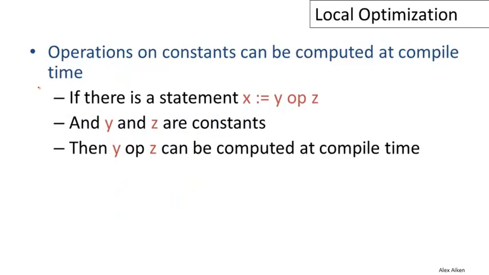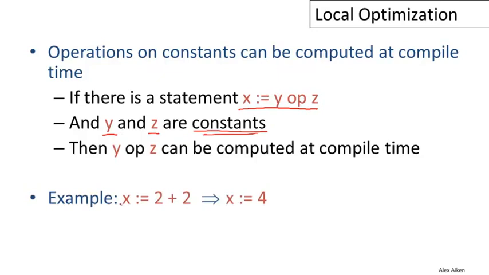One of the most important and useful local optimizations is to compute the results of operations at compile time rather than at runtime if the arguments are known at compile time. So for example, let's say we have a 3-address instruction, x equals y op z, and it happens that y and z are both constants. These are both immediate values. These are literals in the instruction. Then we can actually compute the result of the right-hand side at compile time and replace this by an assignment to a constant.